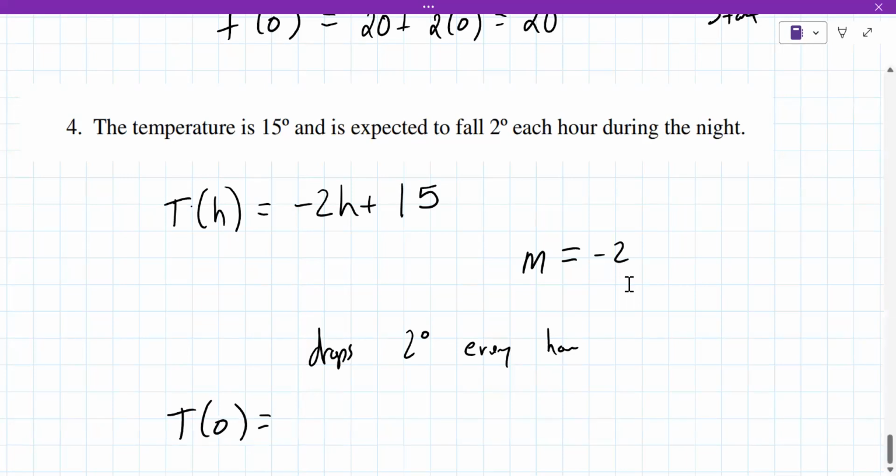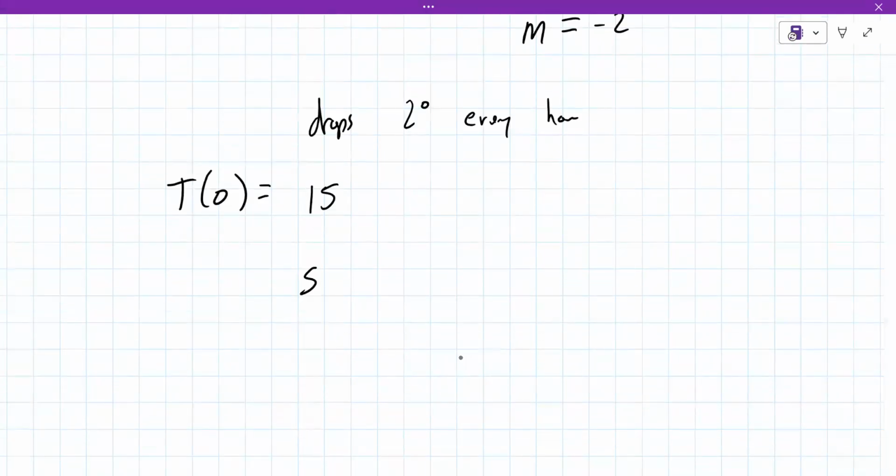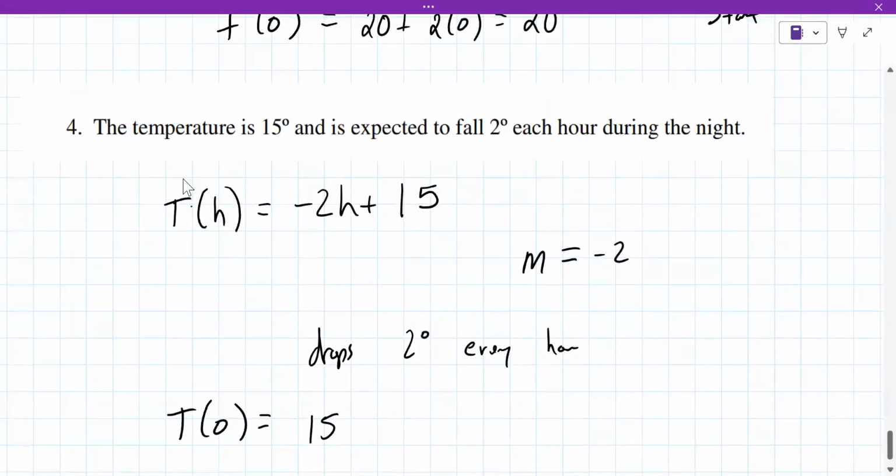And what does that result in? 15. So now the interpret: what does that mean? The starting temperature is 15 degrees and falls 2 degrees every hour of the night. Just that part. It's the starting temperature. The starting temperature is 15 degrees.